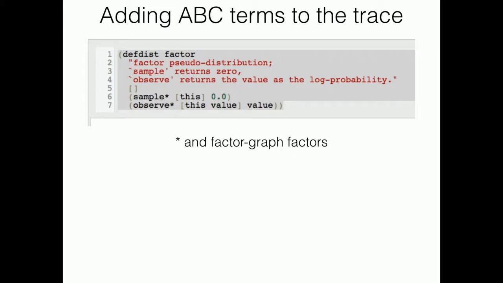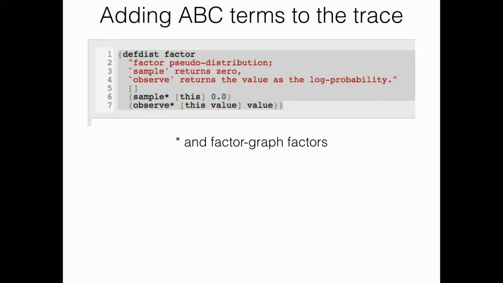That's the side effect that gets put on the trace. So I'm saying that this normal is defined in this way. There's a sample statement and an observe statement. You can think of this as an object-like construct, right? If you use what I just said, factor minus 13, so I've just defined factor. I put this slide together in 2 seconds just to try to answer some of the questions, right?